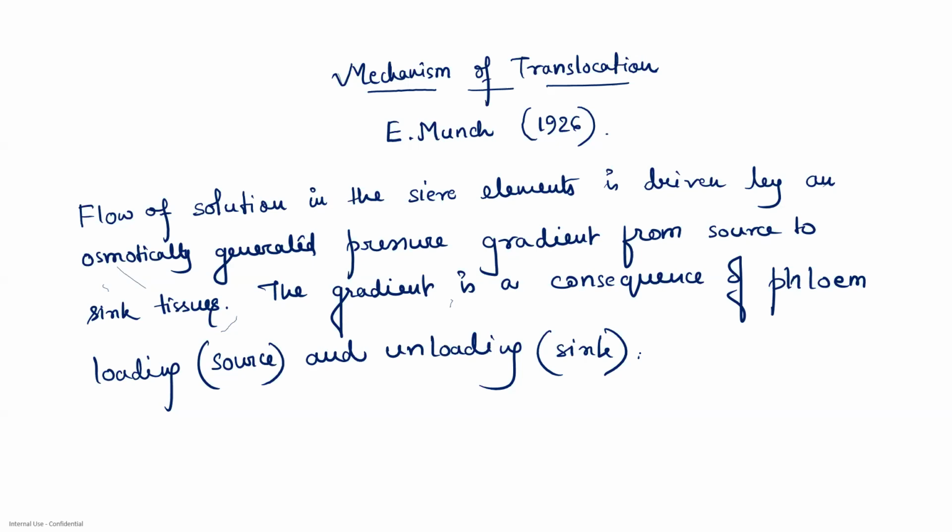So loading is the procedure where the goods van is getting filled up. That factory is the source, and where is it unloading? In the retail shop. Clear? So this is the basic mechanism.